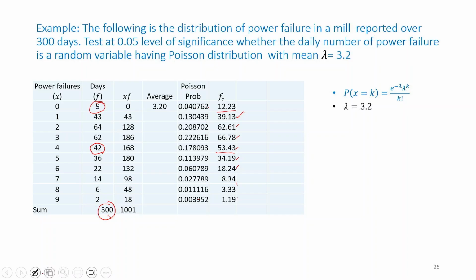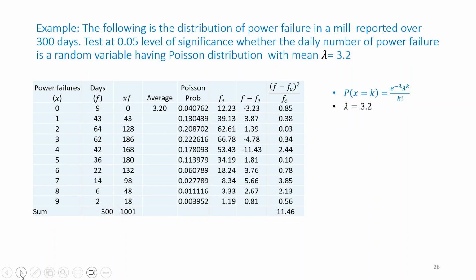Then what do we do? We go to the next step. We find the difference between the actual and the expected, f minus fe, and these are the corresponding values we get.